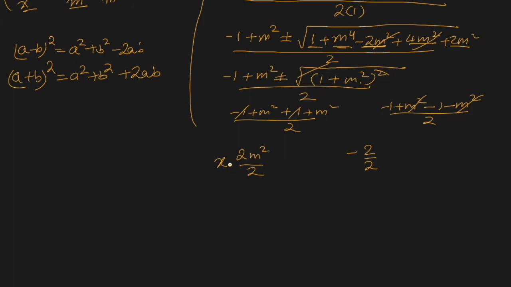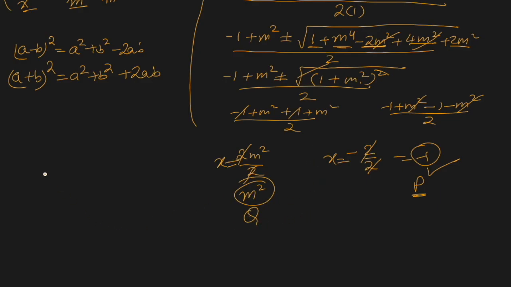So x equal to m square, 2 and 2 cancel. And x equal to minus 1, which we got in the previous method also. So this one was already the x coordinate of P. This will be the x coordinate of Q. So we got the x coordinate.